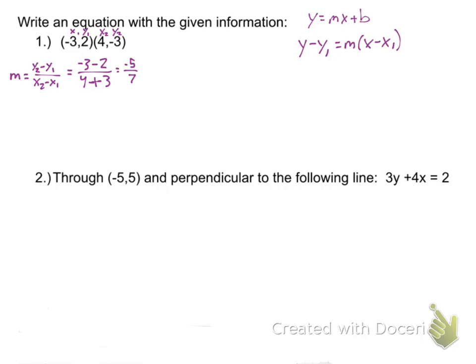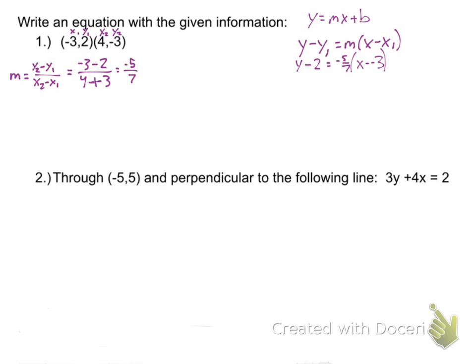It's going to work. So y minus 2, that's y2, it's y1, equals negative 5/7 times x minus a negative 3. You guys agree with that?